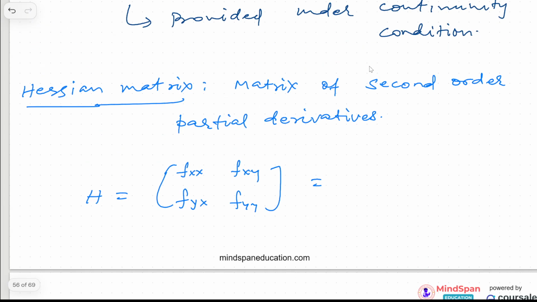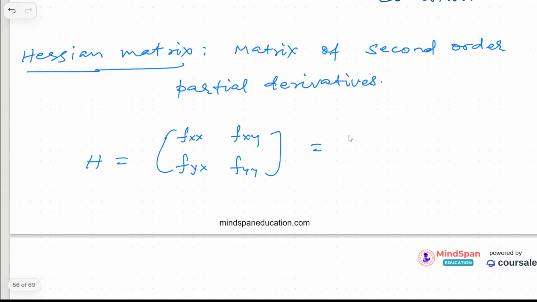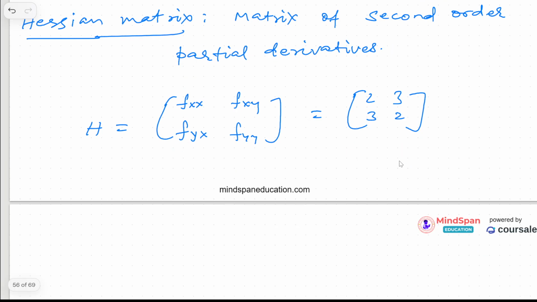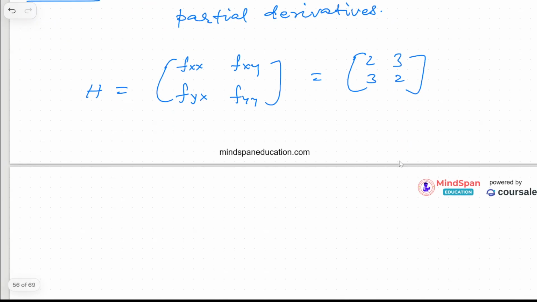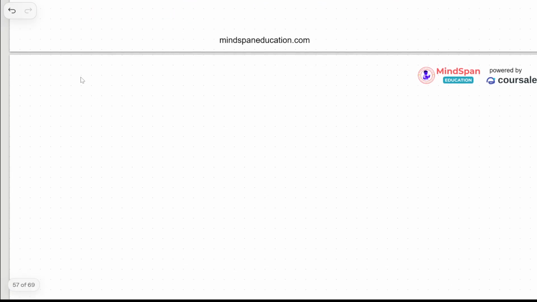So these numbers were exactly 2, 3, 3, 2, right? So the Hessian matrix for this particular function will become 2, 3, 3, 2. This one. Okay. Now, why do we calculate this Hessian matrix? That also we will discuss here, so that we know what this is and why we do this.